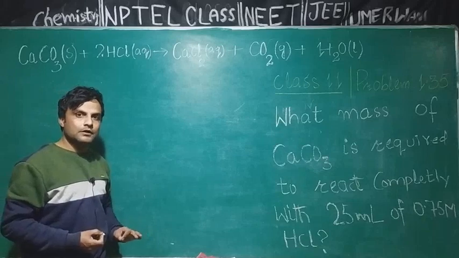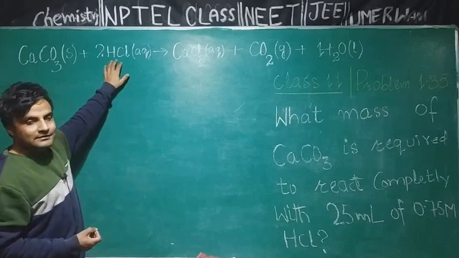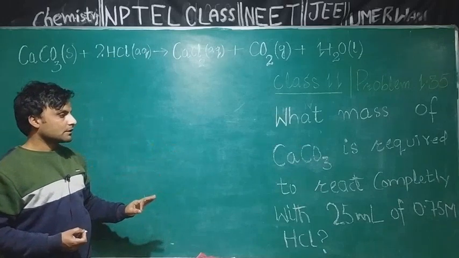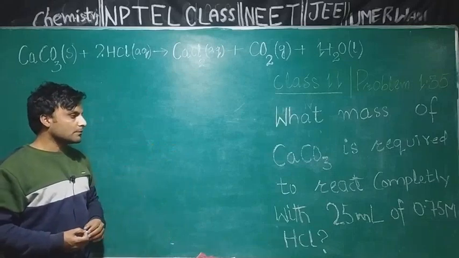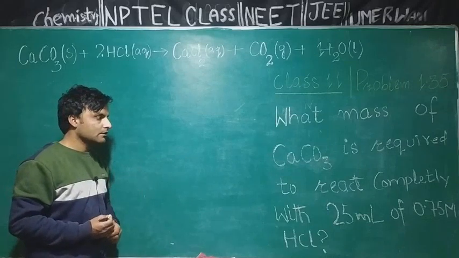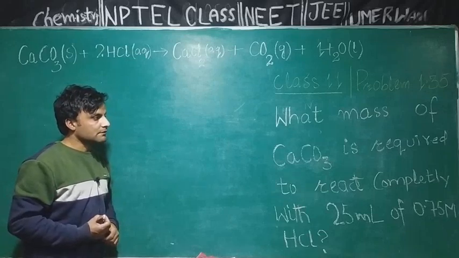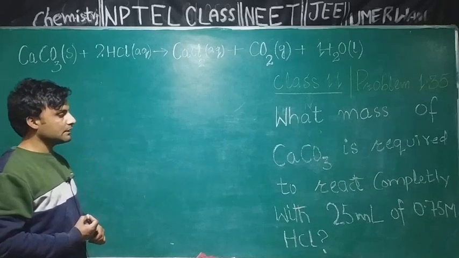My first homework is to calculate the mass of HCl which is dissolved in water in order to form 25 ml of 0.75 molar HCl solution.